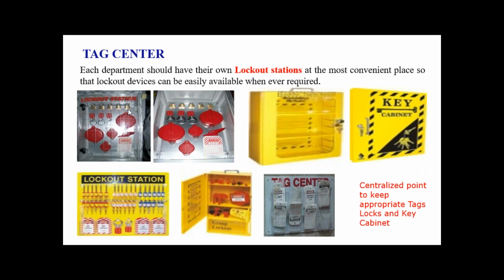If the locks are not available, it means they are being used by some persons, and all this is registered in a register. So you can understand these locks are utilized by that person for this time, etc. All this should be recorded at these lockout stations. From this photograph you can understand what lockout stations and tagouts are. The locks and tags are available in a single cabinet.